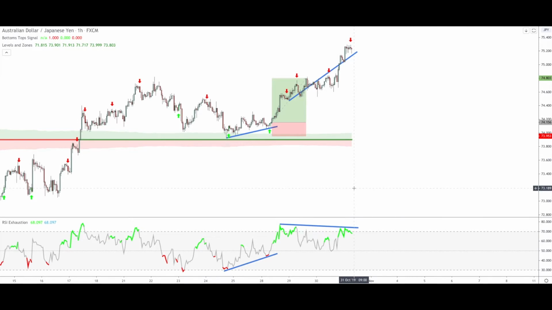The second condition that we need to check is to have the RSI exhausted, and in this case we have it as well because it is bullish exhausted.